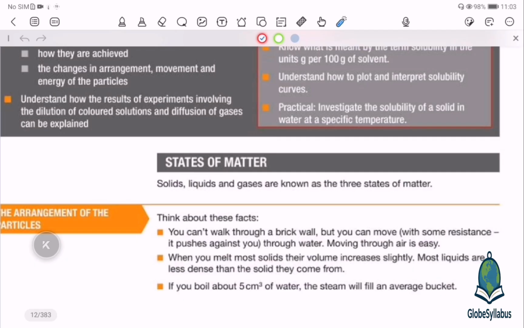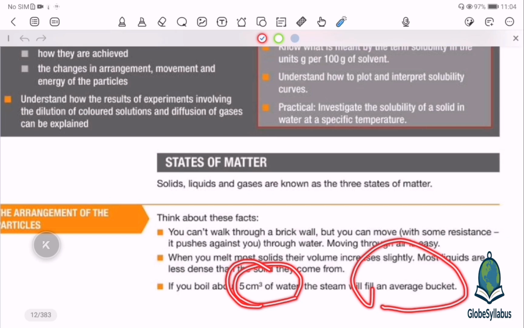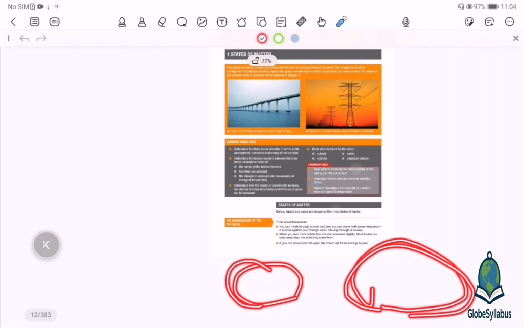So if you boil 5 cubic centimeters of water, the steam will fill an average bucket. It is the same principle. The density of water is more than gas, so when we boil the liquid, the volume will increase.